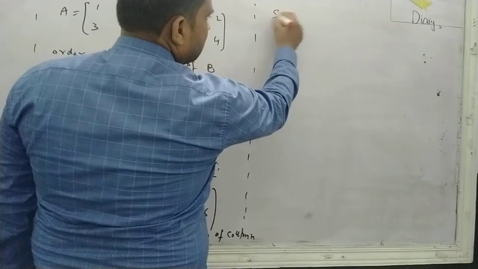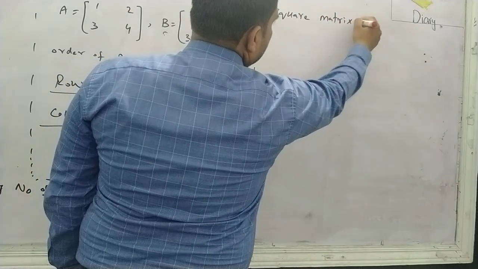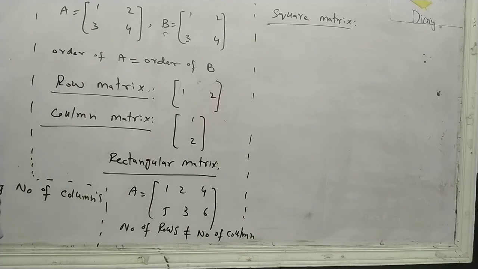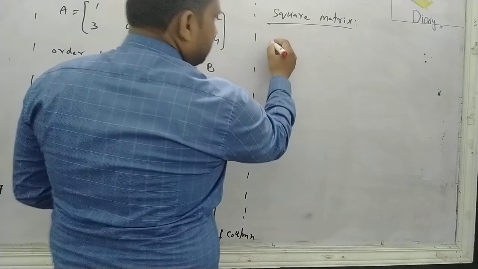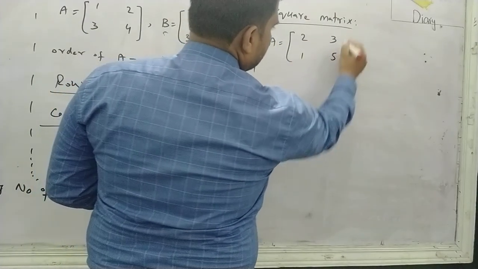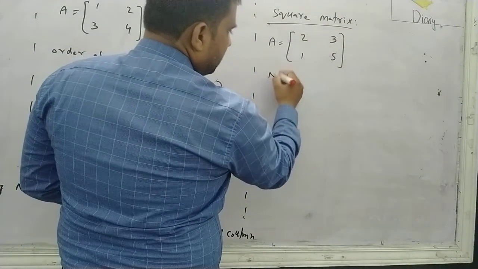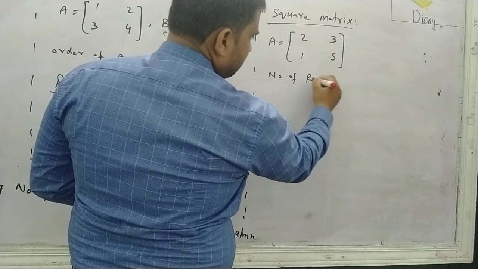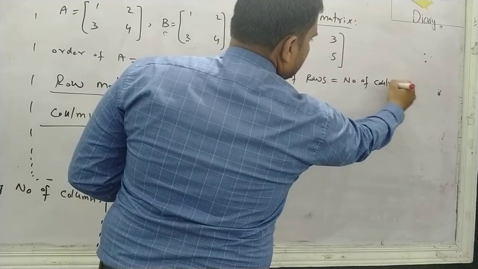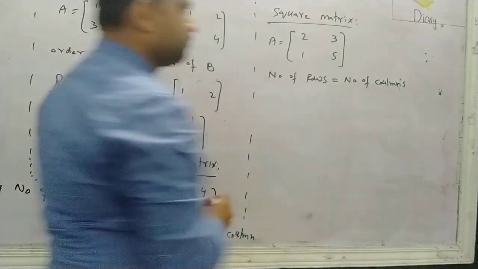Square matrix. In a square matrix, number of rows are equal to number of columns, like this one, which has 2 rows and 2 columns.